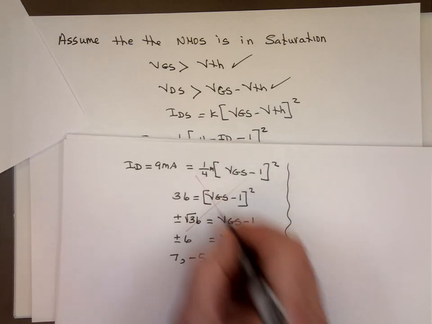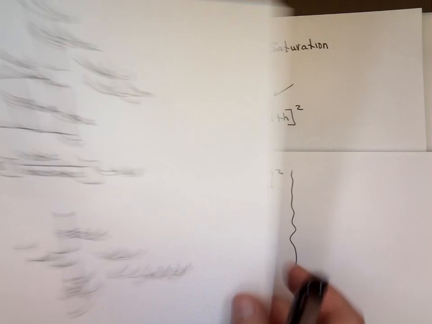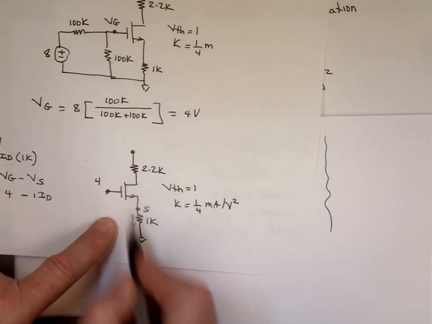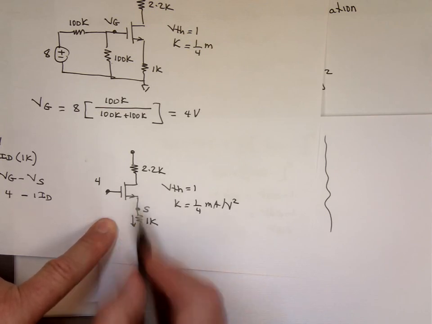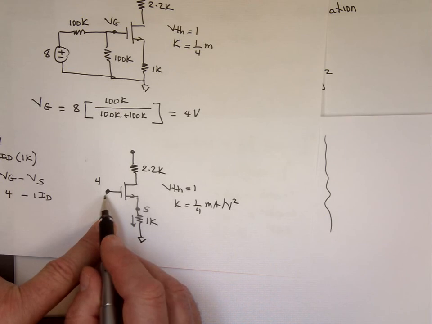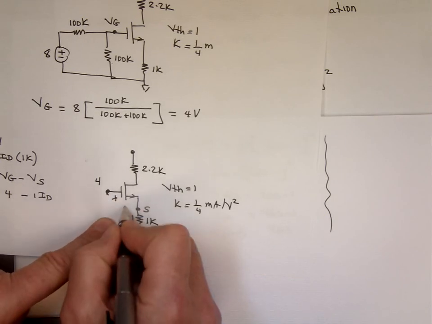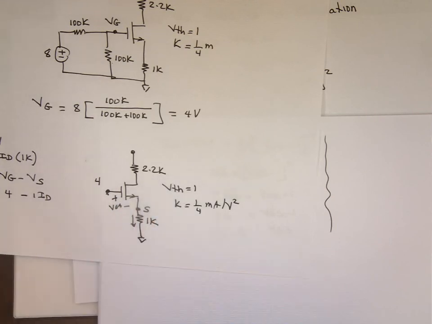So how do I do that? I look at my circuit right there. Can you see the circuit? Do KCL right there. KVL, Kirchhoff voltage law. This is 4. This is VGS.